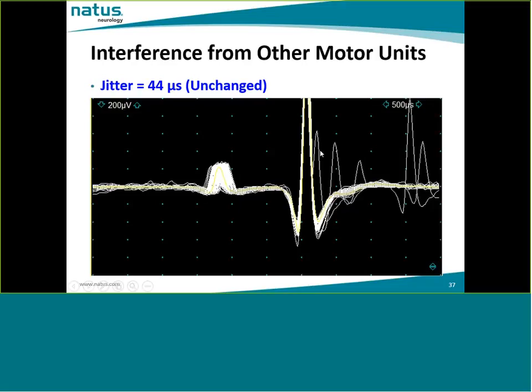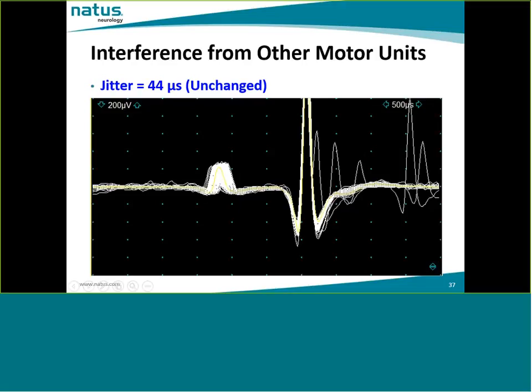I think removing these traces is considered excessive editing. We know we don't live in a perfect world. We cannot have recordings without interference from other motor units. We accept it so long as they don't interfere with our jitter analysis.